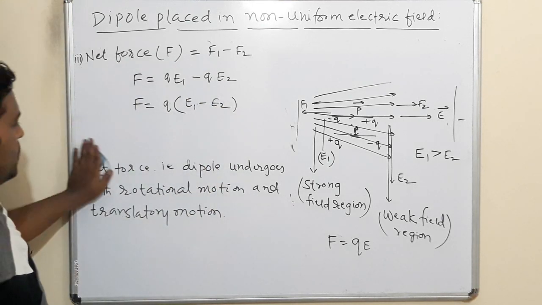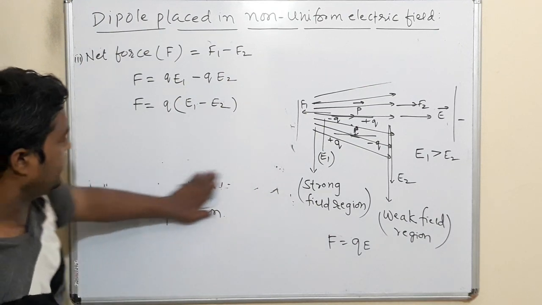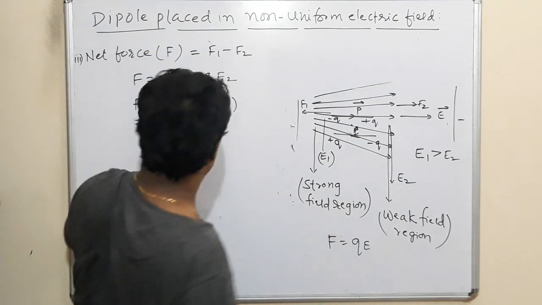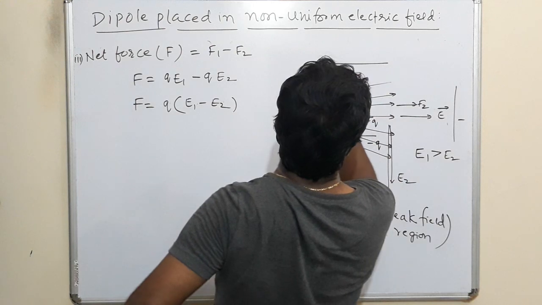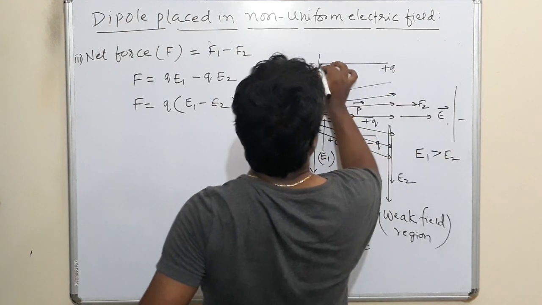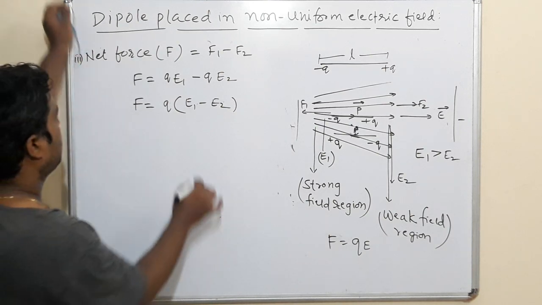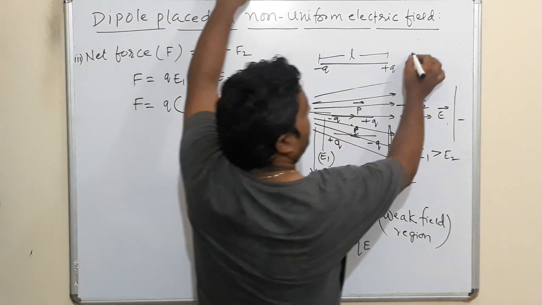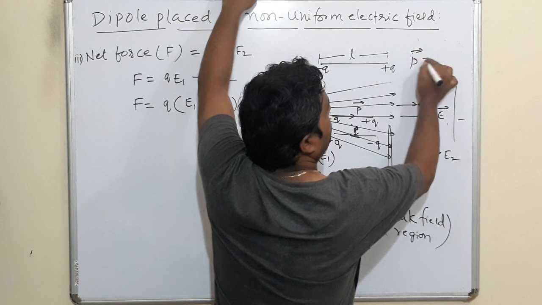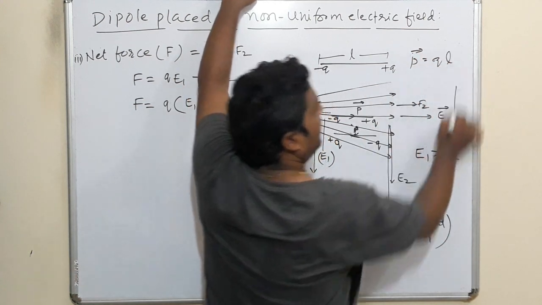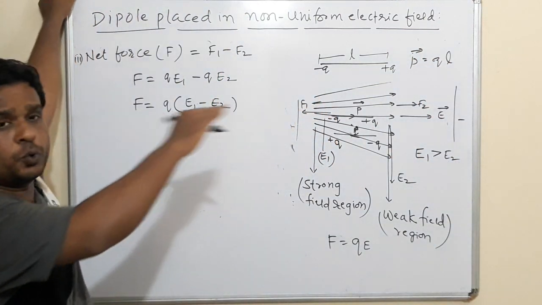Okay? If you want to express it in terms of dipole moment, suppose the length of this dipole, see, this is minus Q, this is plus Q. If I say that this length is L, then what is the dipole moment? Dipole moment is equal to any one charge multiplied by length. I can take it as 2A also.